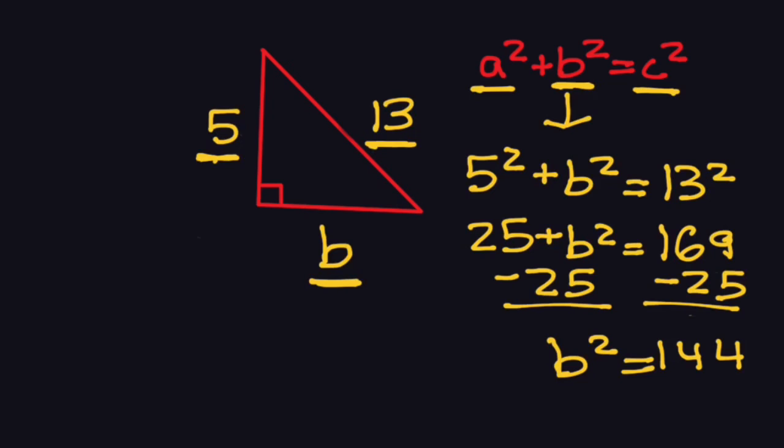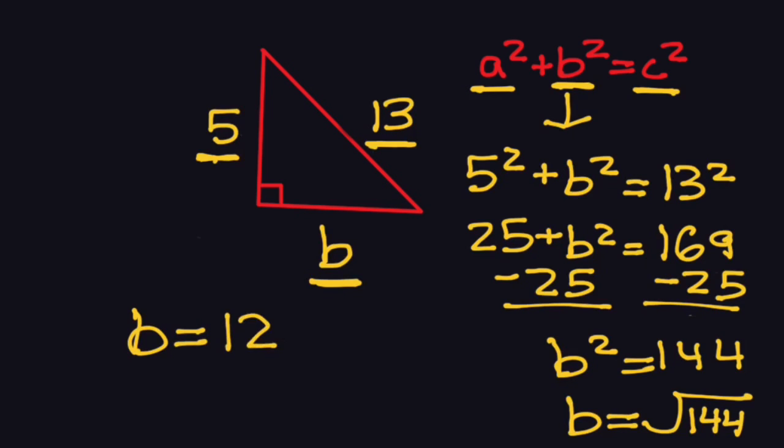Now b squared is equal to 144, or in other words, b is equal to the square root of 144. So b is going to be equal to 12. So I just wanted to show you another scenario in which we knew what the hypotenuse and what the smaller side length was, but we didn't know what the length of the second smaller side length was. So that's how you would do it in this case.